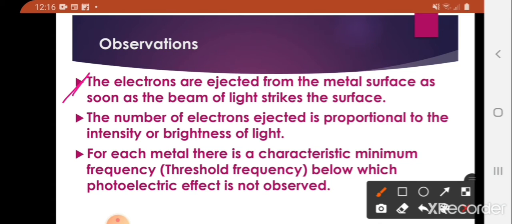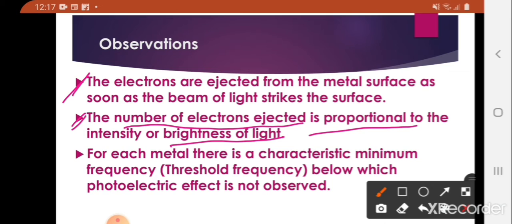Next observation is that the number of electrons ejected is proportional to the intensity or brightness of the light.